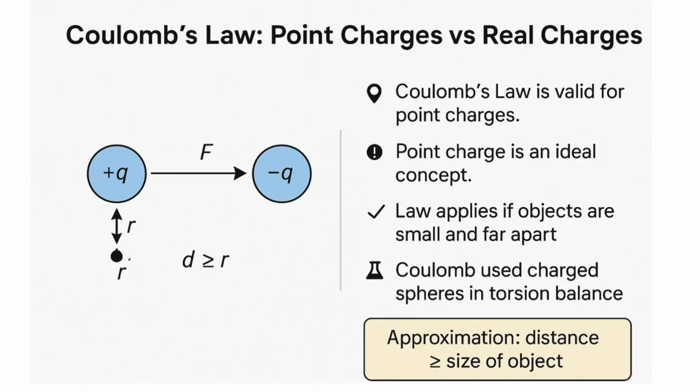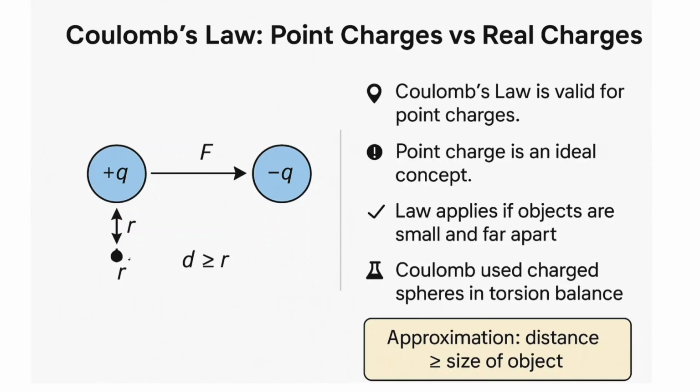So when can we still apply Coulomb's law? We can use it for two small charged objects like metal spheres, as long as their size is much smaller than the distance between them. In such cases, the objects behave almost like point charges.